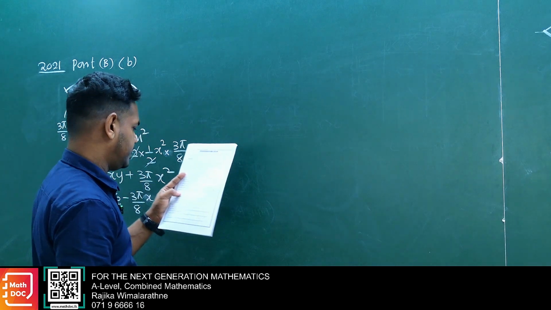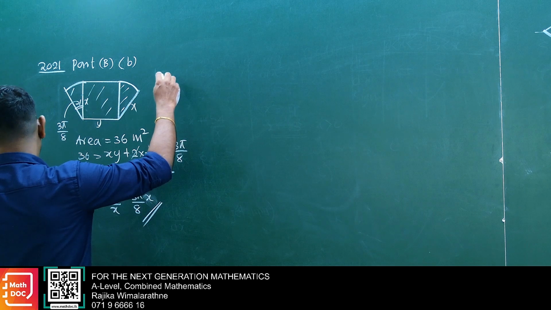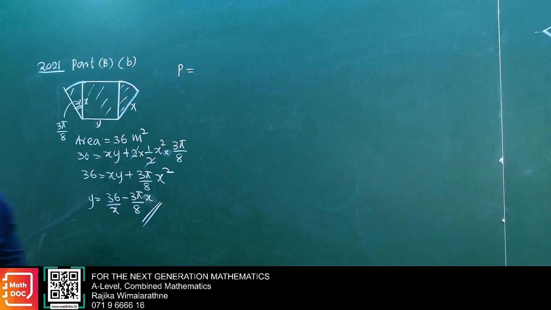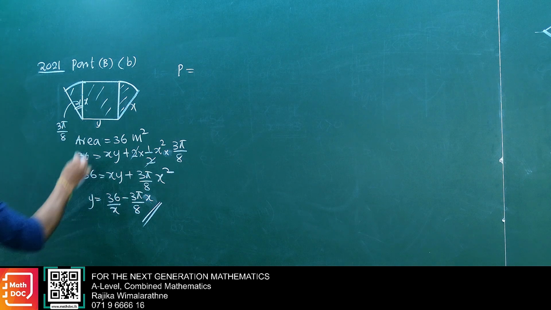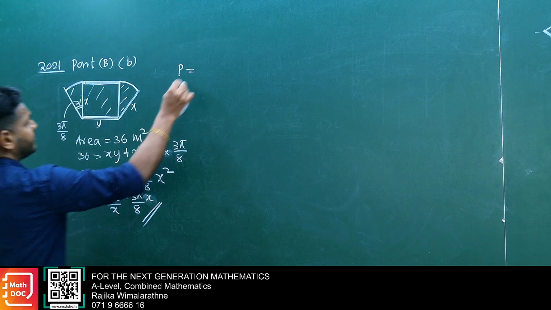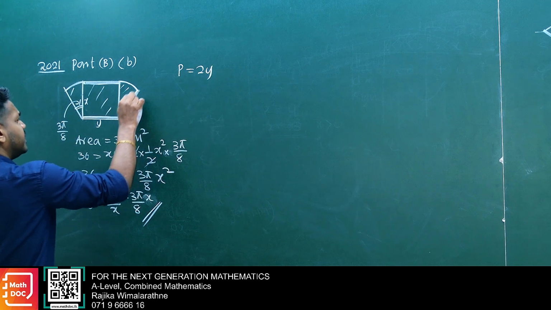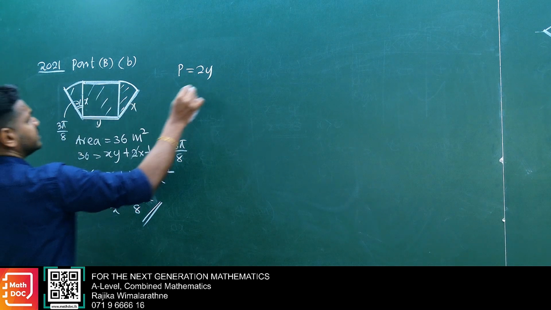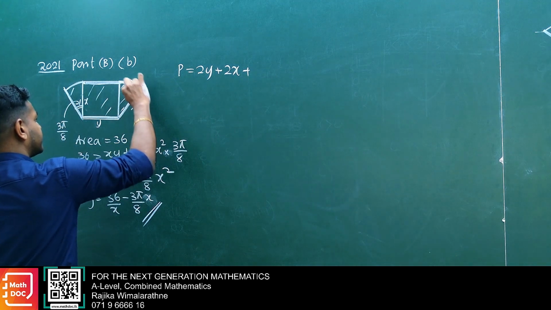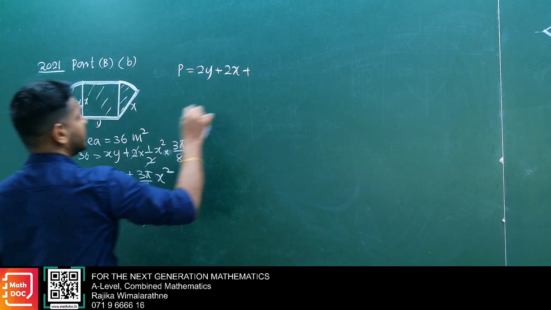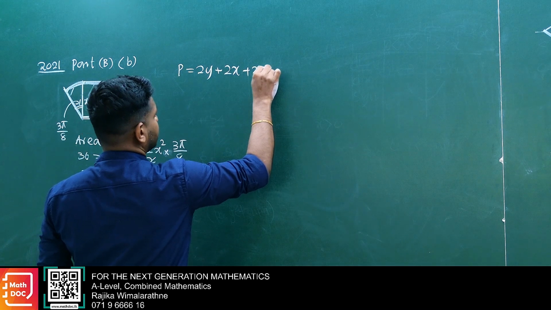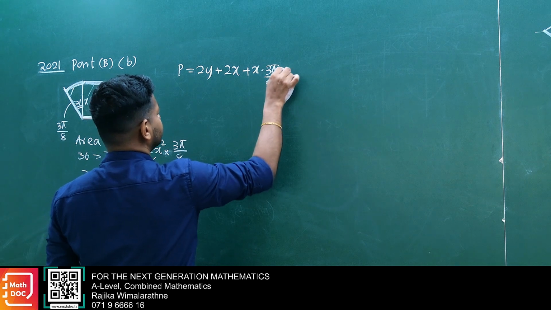Then the perimeter P. The perimeter is y plus y, 2y, x plus x, 2x, and the arcs r theta, r theta, where r means x and theta means 3 pi divided by 8, times 2.